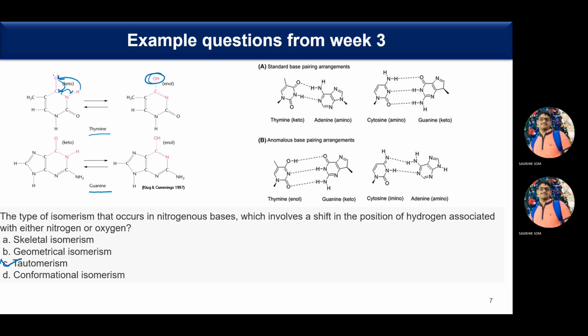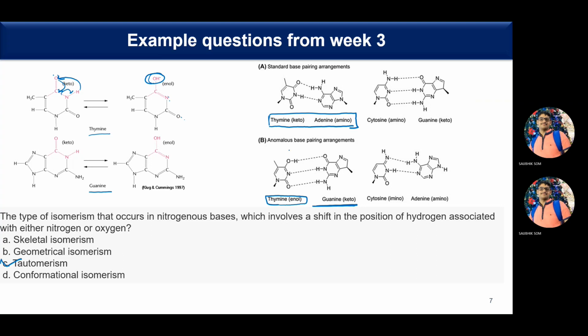So when thymine is in the keto form, thymine binds to adenine, correct? But when there is an enol form, now you can see this has also some charge. So now, in the enol form, thymine can actually base pair with guanine, correct?